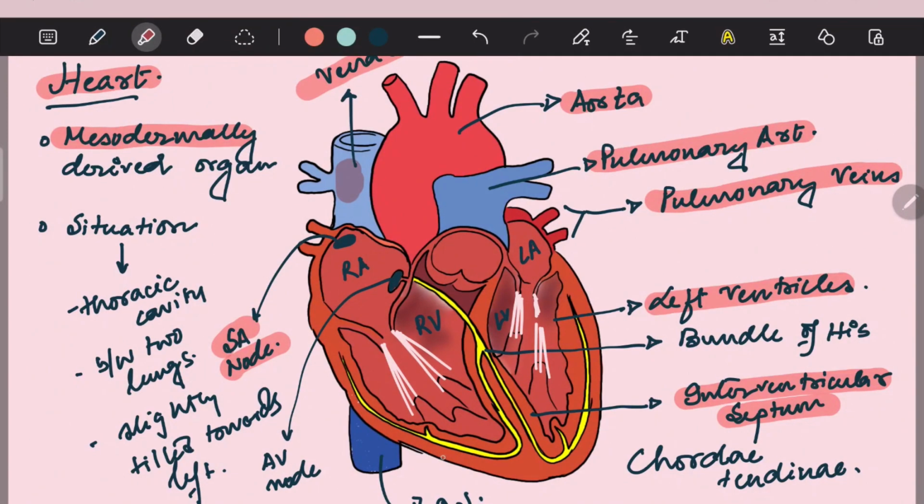These yellow colored structures are nerves which start with the bundle of His and divide into the left and right branches. We will talk about everything in detail, but I'm showing this picture first because once we start learning in a flow, we should know what to refer to. So this is the go-to image for us to refer to.